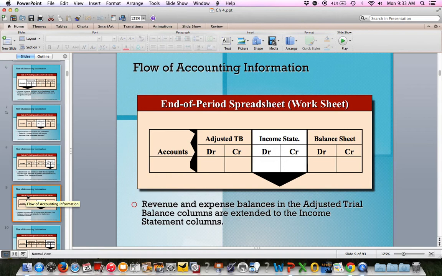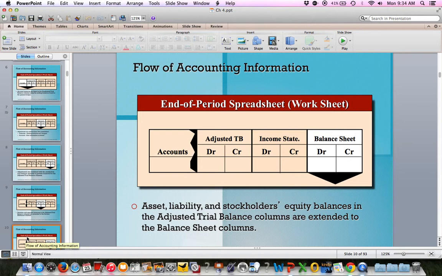And then once you do that, you add 2 more columns to the worksheet, one for your income statement accounts and then one for your balance sheet accounts. You simply extend the amounts from the adjusted trial balance into either income statement or balance sheet, depending on where that particular account fits into the financial statements.